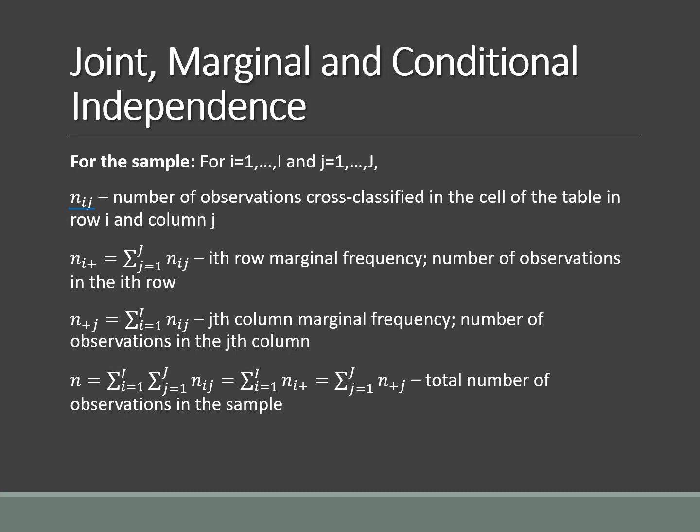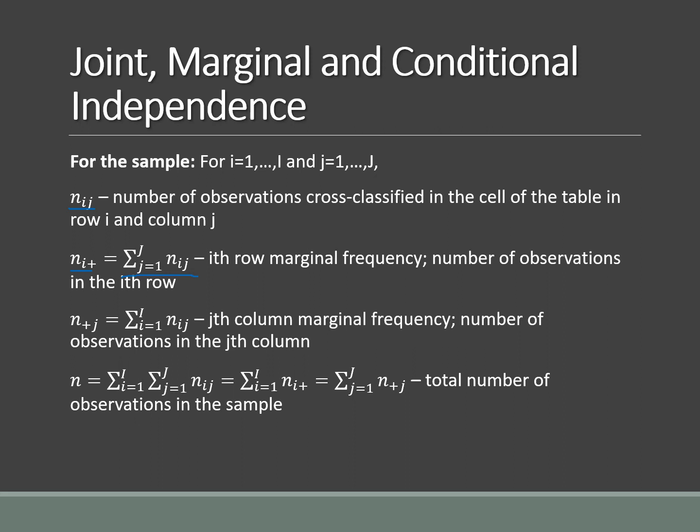Or you could express ni plus as just the summation of all nij's, j from 1 up to capital J. Meaning, if you want to know the number of those in the first row, then take the sum of the occurrences in the first row, first column, first row, second column, first row, third column, up to the first row, capital J column.